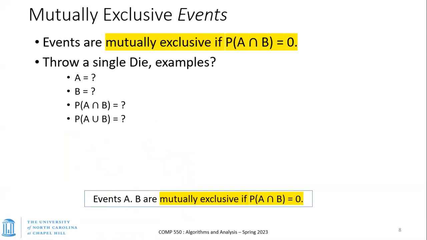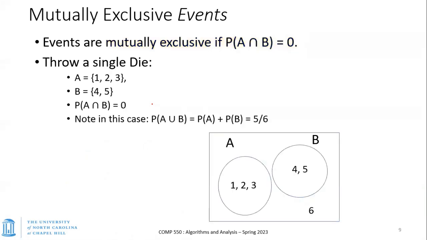For example, if you're throwing a single die, what can you define as A and B? Okay, very good. All the even and odd, and clearly you can see that there is no intersection. Let's look at a different example.